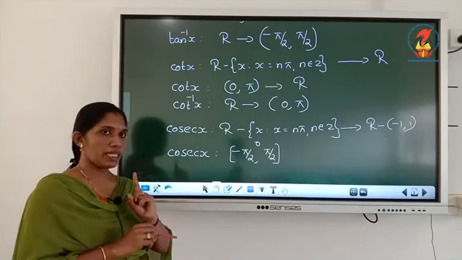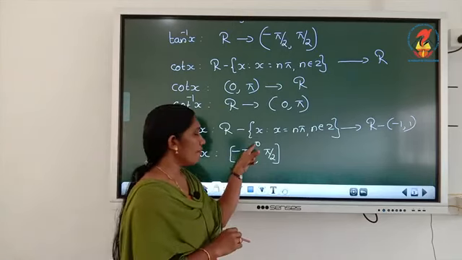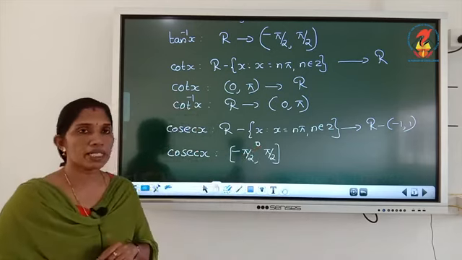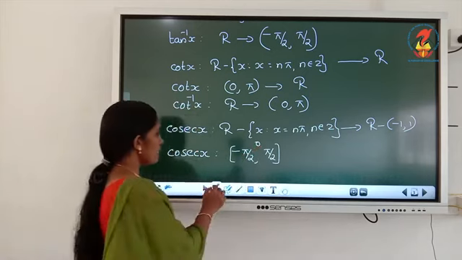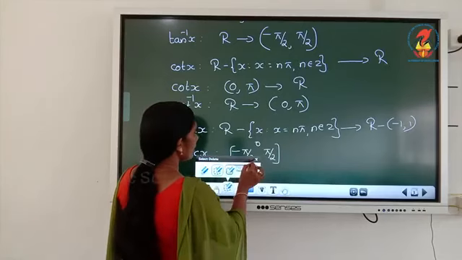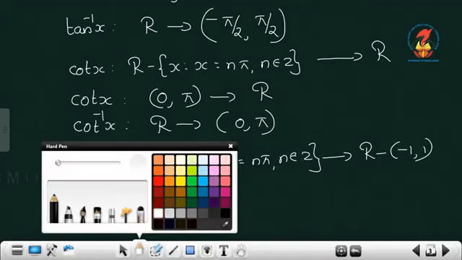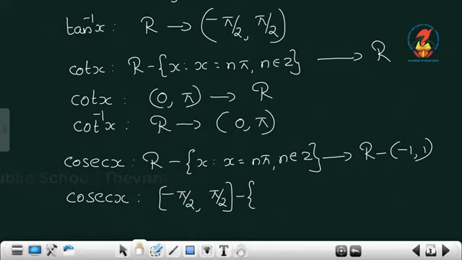Cosec means 1 by sine, and when we put x equal to 0, 1 by sine 0 is not defined. So we don't want this point in this interval, so you have to subtract the number 0 from this. So this is the domain of the cosec function, to R minus the open interval minus 1, 1.